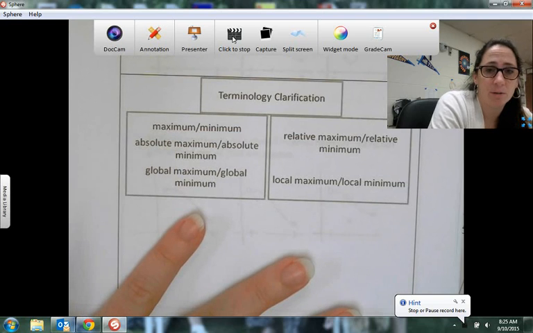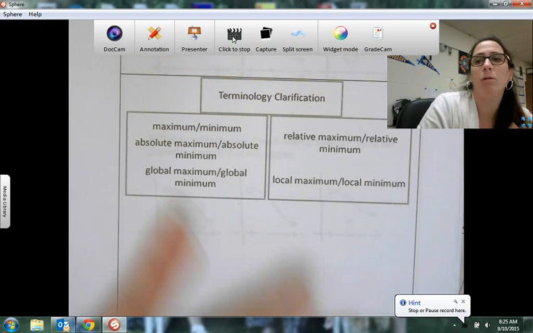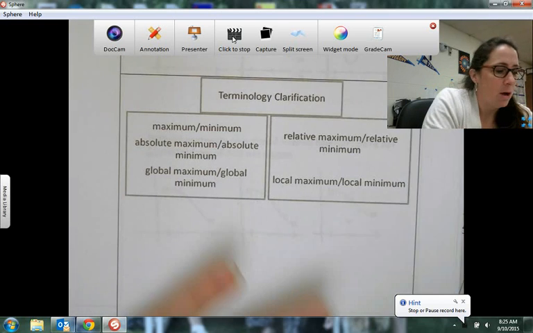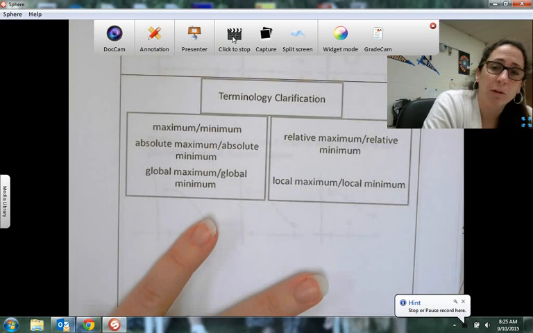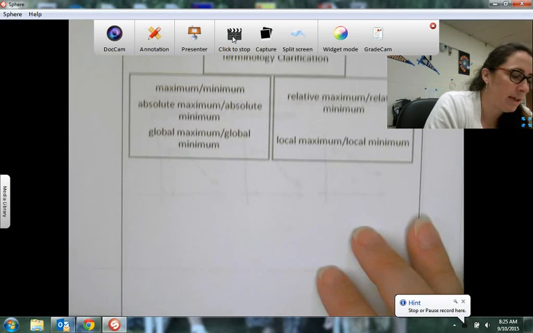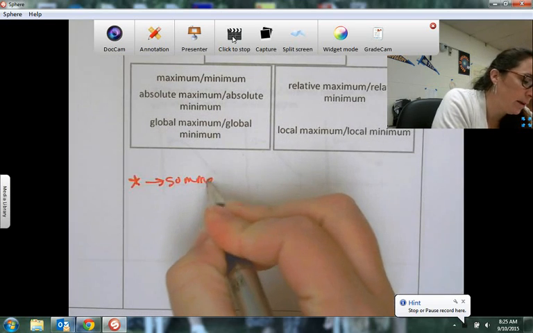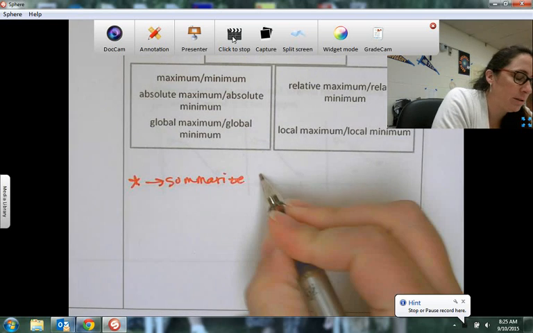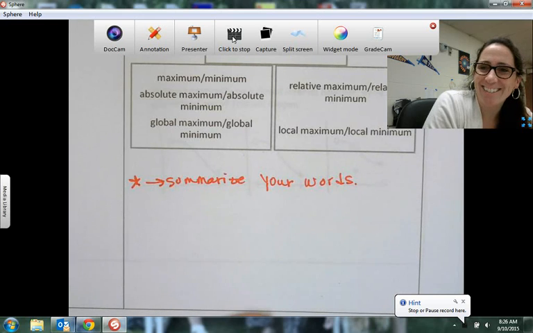Okay, now that you have unpaused me, let's look at this. So a lot of times students are like, do I write the point? Do I write the x value? Do I write the y value, the output value? So here, if it's talking about where it occurs at, that's the x value that it occurs at. If I want to know what the value is, that is a y value.